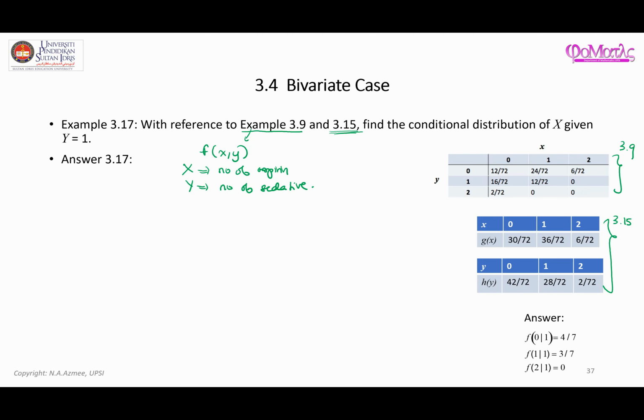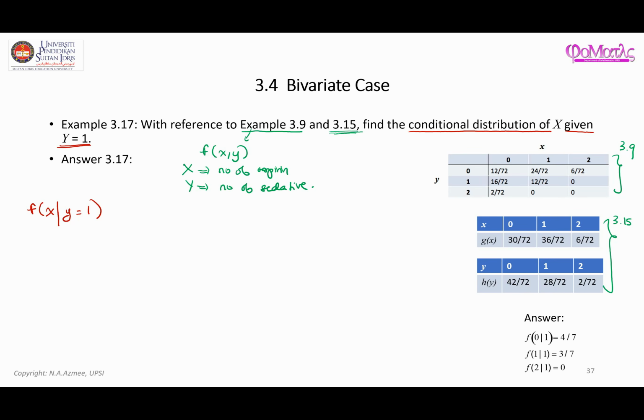Now in this video we are going to look at how you can find the conditional distribution of x given y is equal to 1. What it means is we are interested in finding f of x given y equal to 1.